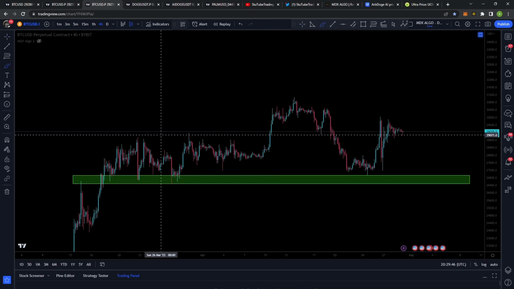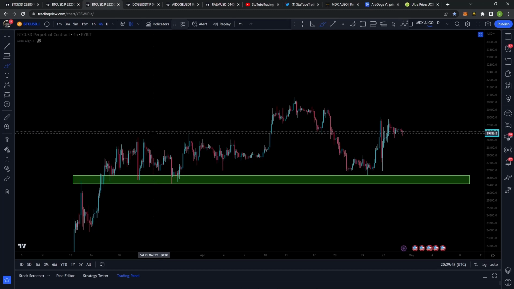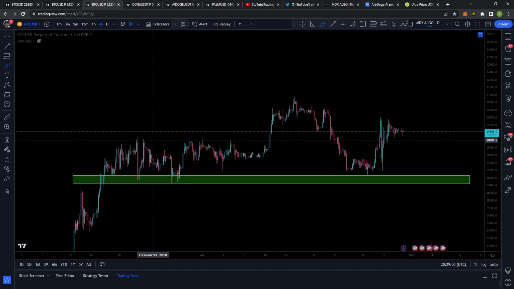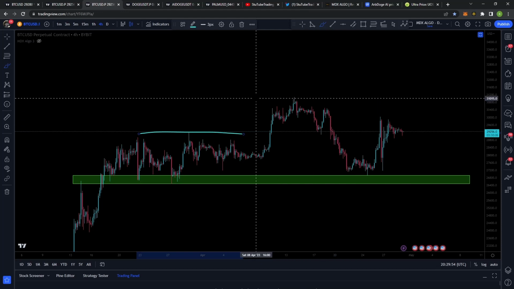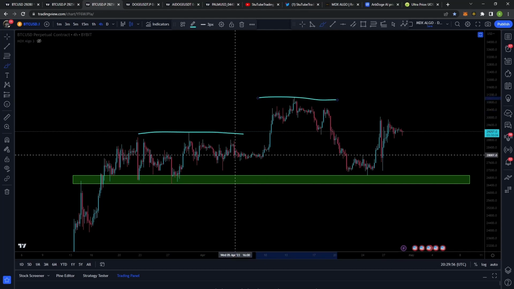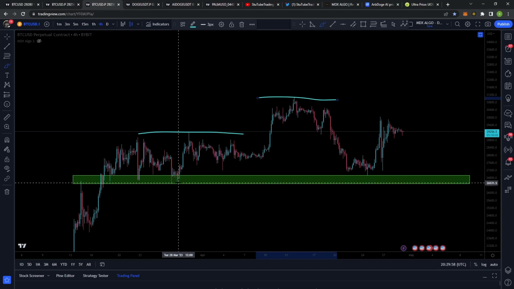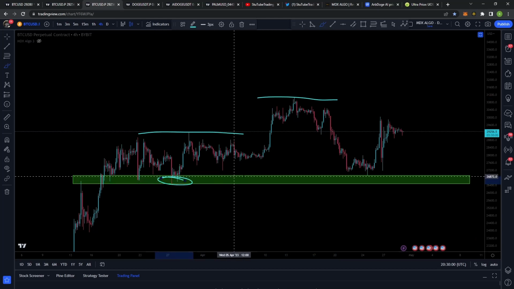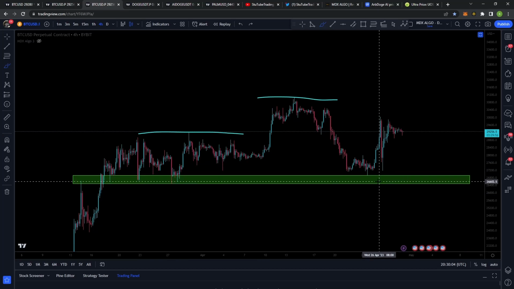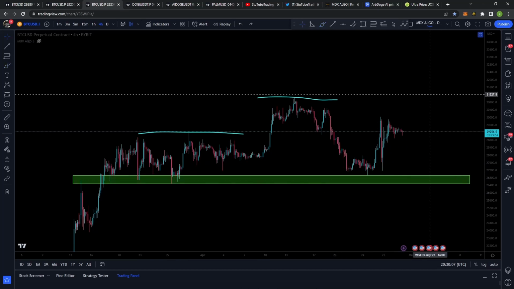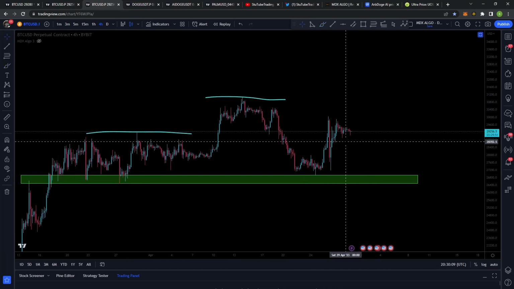I know I've pointed this out in a couple videos, but the way I look at structure, we had the range high here and we have our next range high here. So the lowest point between those 2 points would basically be where I have this green box here. So as long as we're staying above this green box, I'm looking at bullish structure still remaining there.